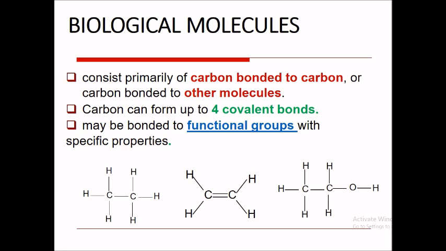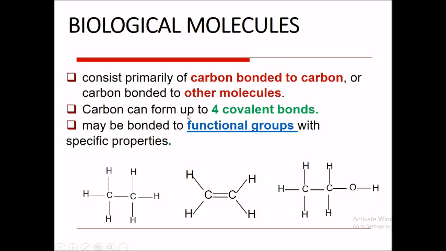A biological molecule refers to molecules that consist of carbon bonded to carbon, which is also called a carbon backbone, or carbon that is bonded to other molecules. As you can see over here, carbon is bonded with carbon, and also carbon is bonded with other molecules.